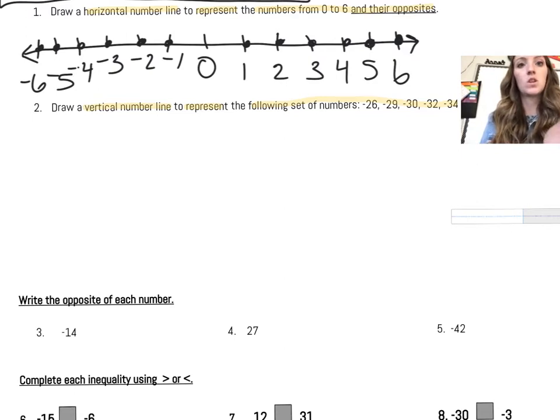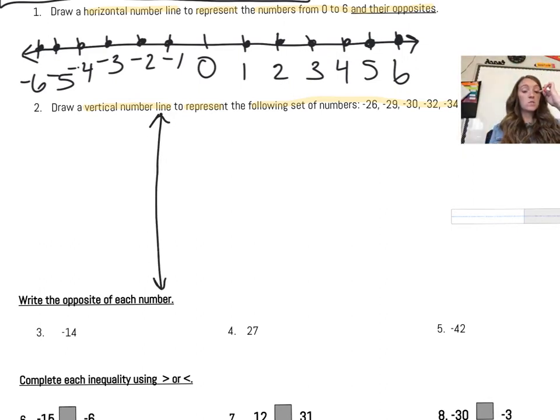Okay, so my number line needs to include a range for all of these numbers to fit on it. So my first task is going to be to identify what's my smallest value and what's my largest value in this set. Well, I see I have a negative 34. And then on the opposite end would be negative 26.